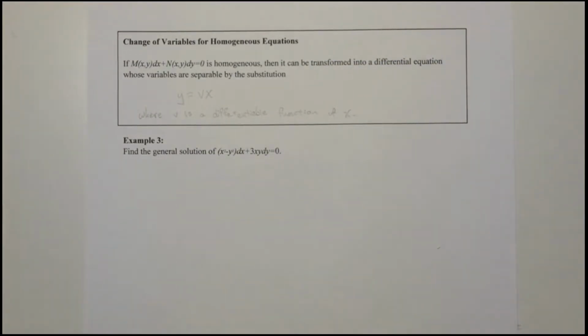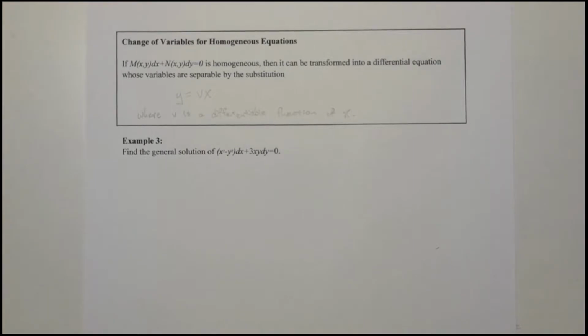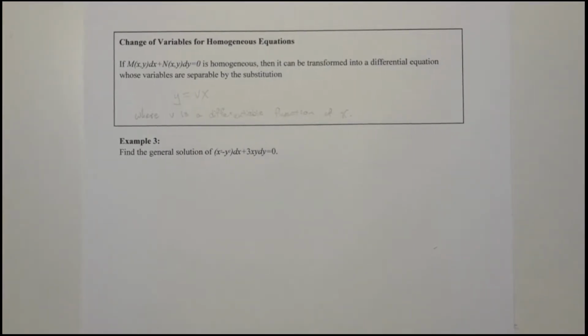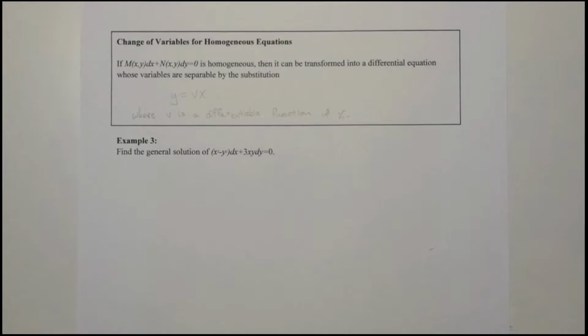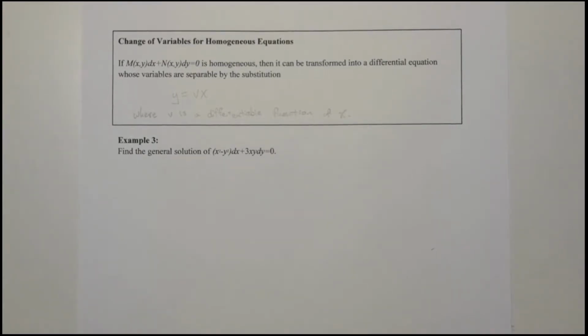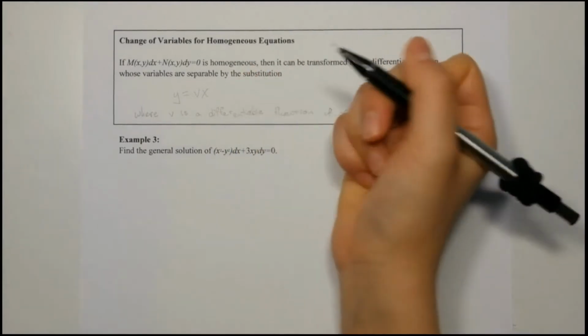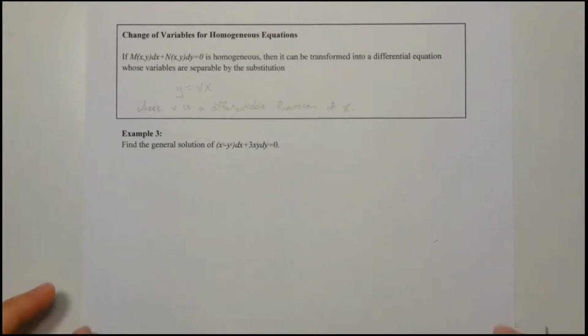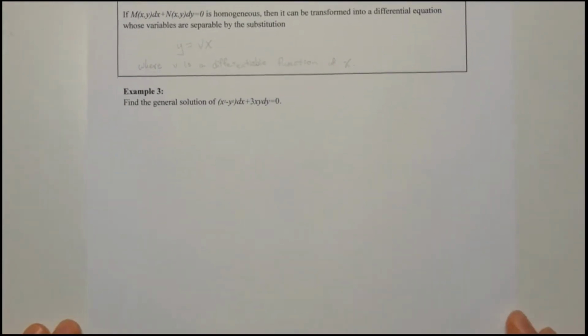So basically what this means is that whenever you see a y in a homogeneous differential equation, you can substitute it with vx, and if there's a dy, you can substitute it with the derivative of the same equation. So let's take a look at the example.